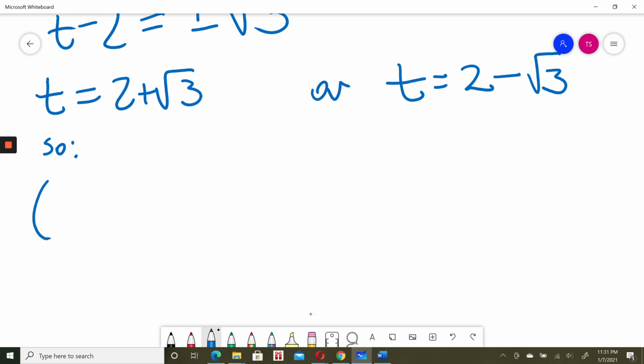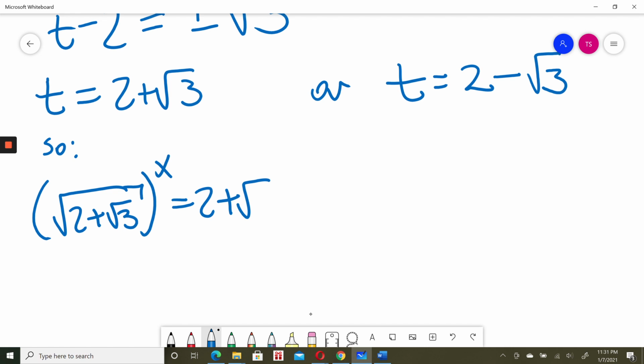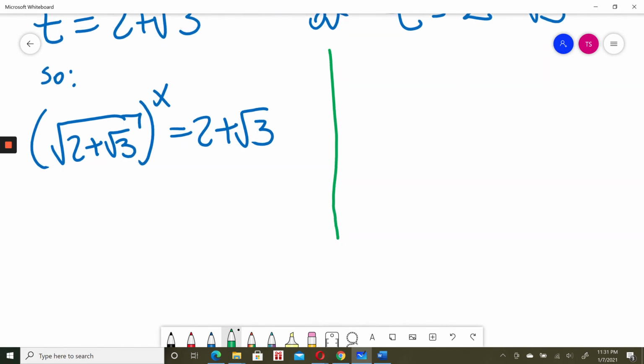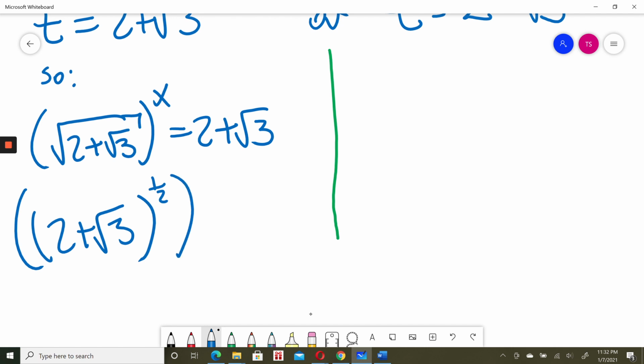So, what was my t? My t was this. This is equal to 2 plus square root of 3. I will solve it slowly. I can write it as 2 plus square root of 3, the square root of that being just the power of 1/2, and then to the power of x.